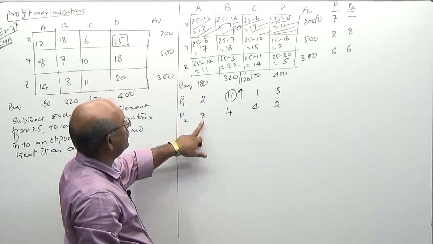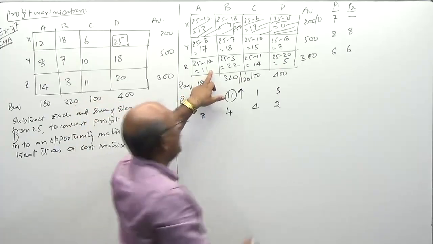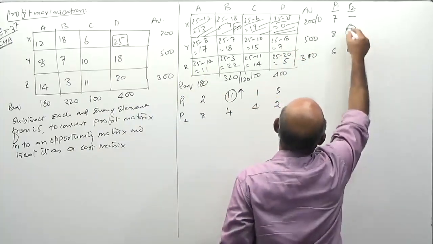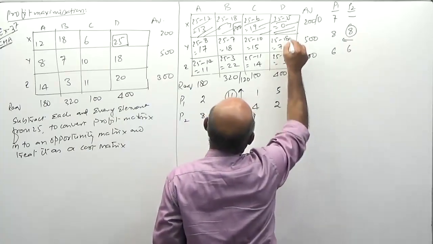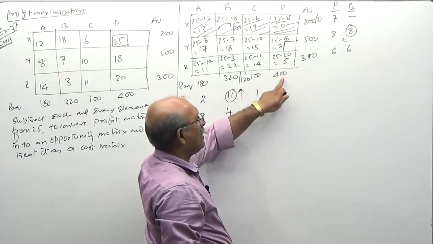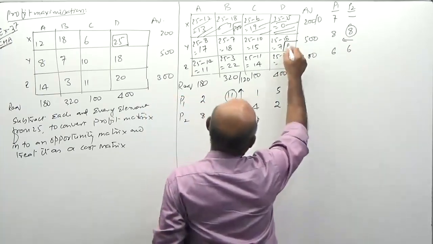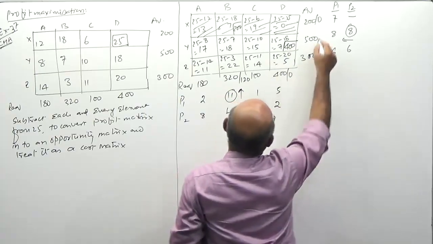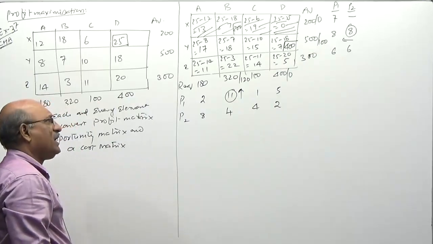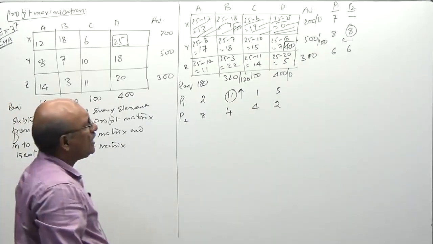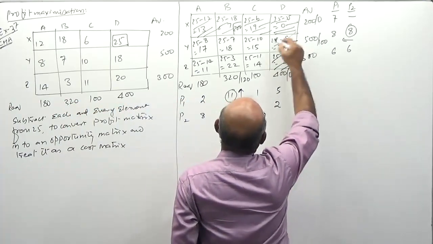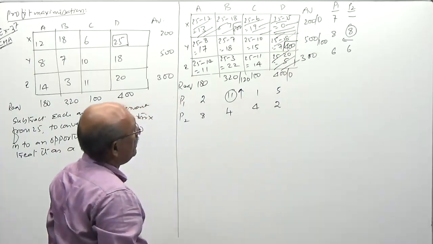Corresponding to the site, the least cost is 7. So preference is given to the site. 400 is the requirement, 500 is the availability. 400 units are given, so availability is reduced to 100. Requirement is fully satisfied. This column is also eliminated from the picture.